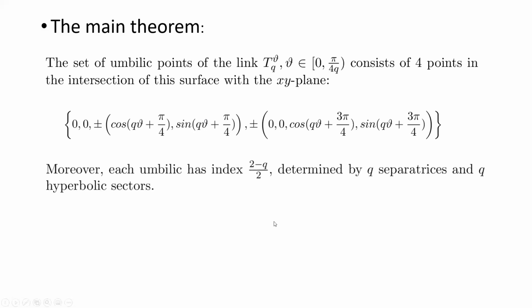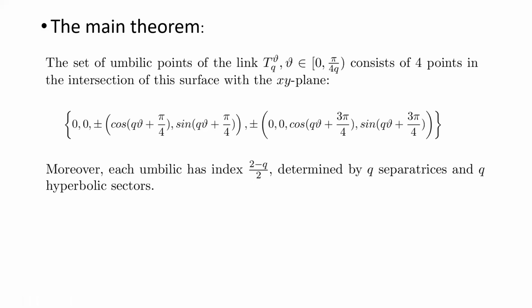Moreover, we can describe the foliation, the local foliation. Each umbilic has index (2 minus q) over 2, and it has q separatrices and q hyperbolic sectors. Further on I will show some images, but it's pretty simple. So how can we get this theorem? We use the parametrization.